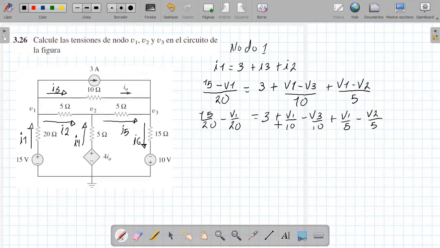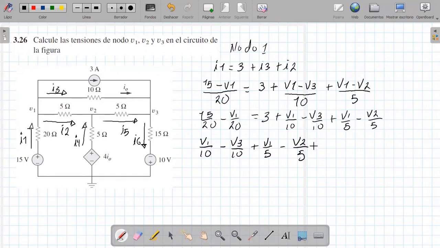I'm going to put the variables on one side and the same on the other side, that is, everything that has a variable. I'm going to pass this over there, and I'm going to pass this over there. Minus V3 over 10, plus 1 over 5 V2 over 5.